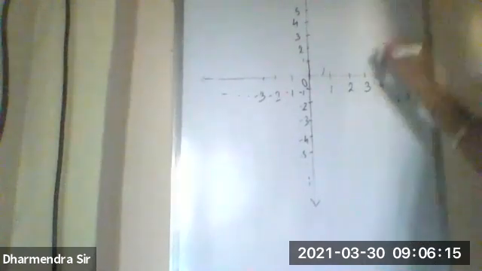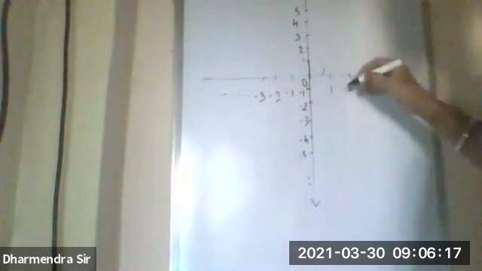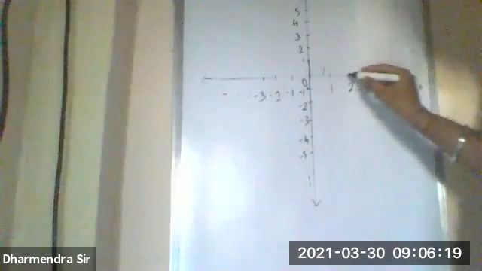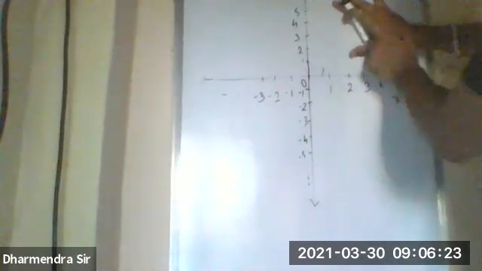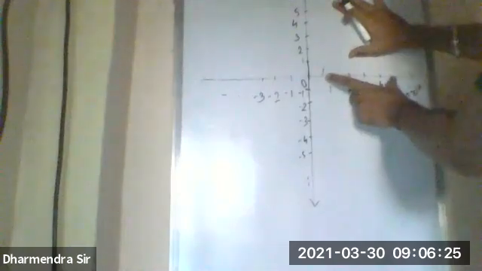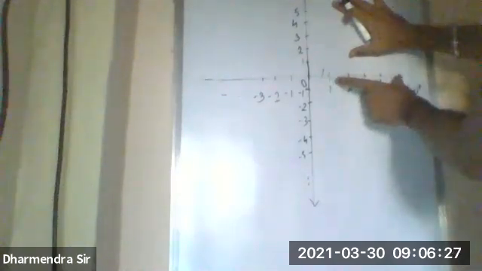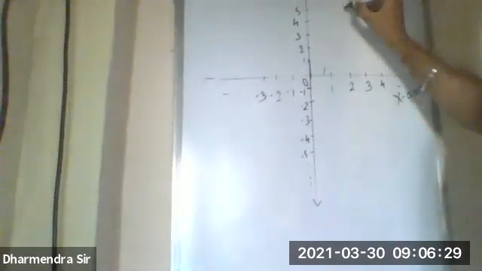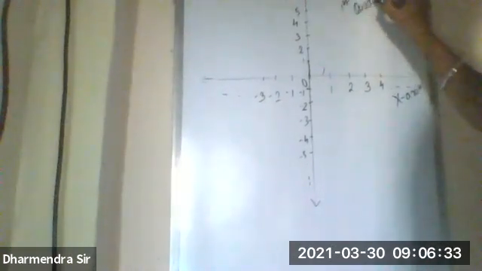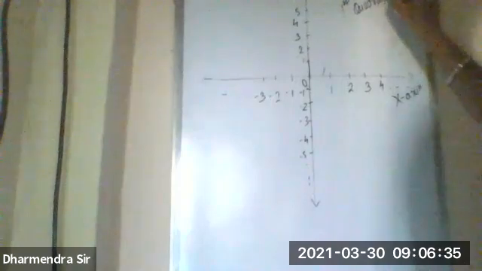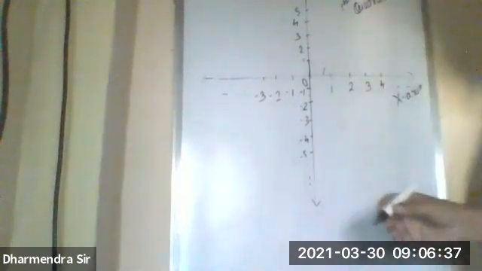Why first quadrant? Because both the values, x as well as y, are positive here. This is called the first quadrant.